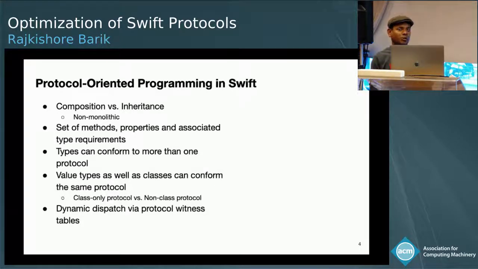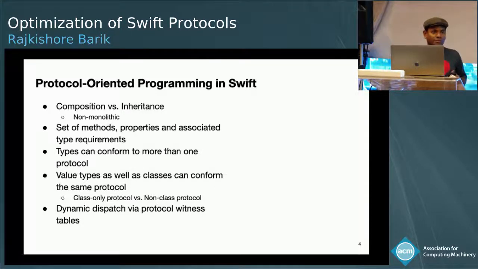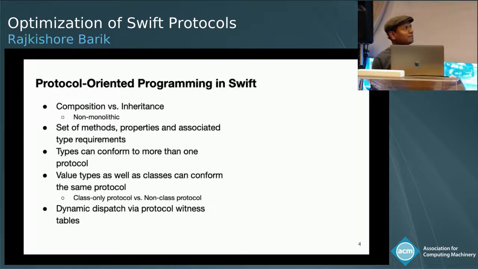So what is a protocol? It's a set of methods and properties and their associated type requirements. Any type can conform to this protocol, and you can even conform to more than one protocol. Both value types and reference types can conform to a protocol.